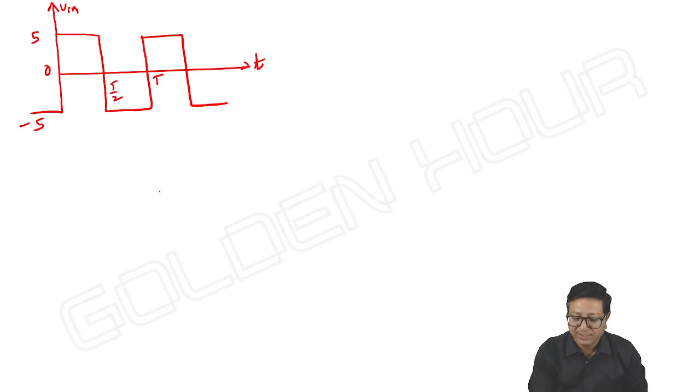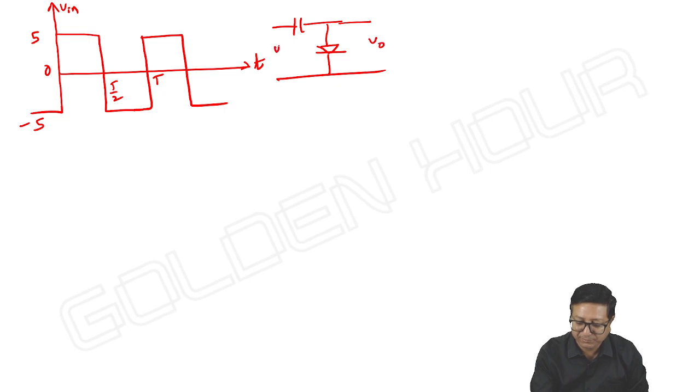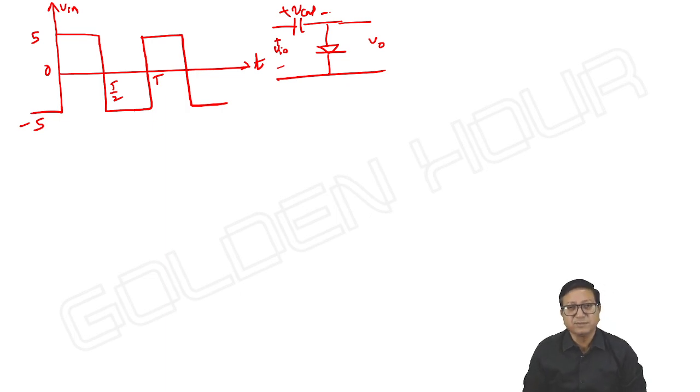This is passed through a basic negative clamper circuit. V capacitor is like this, V output polarities are this way. Okay, then what happens? Here there is no quarter cycle; here we only have half cycle.